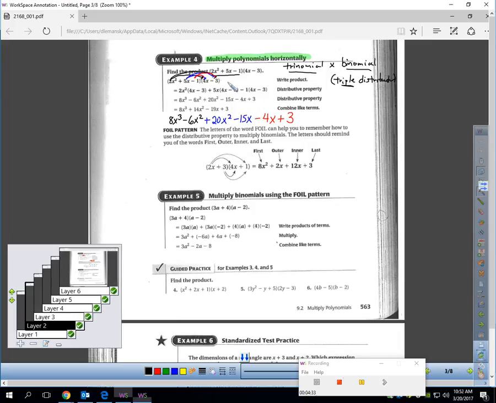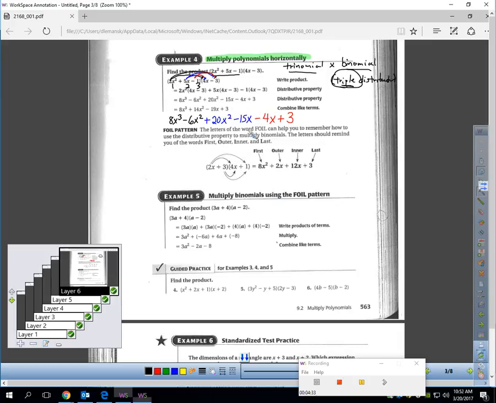Then I'm going to use a red pen just because it shows up nice. I'm going to do negative 1 times 4x, which is negative 4x, and negative 1 times negative 3, which is positive 3. Can you see how I had 3 different terms? I'll underline them. 1, 2, 3 that I had to distribute. That's why I'm calling this, I got to triple distribute.